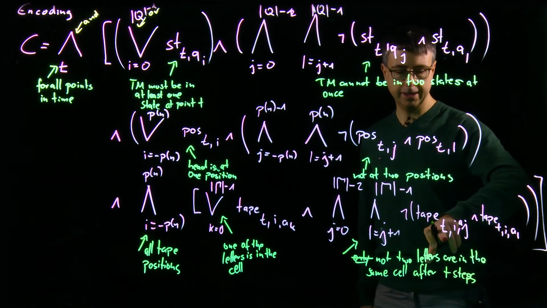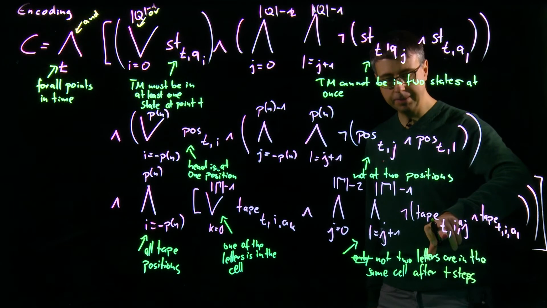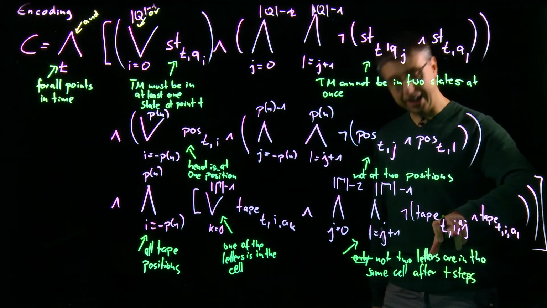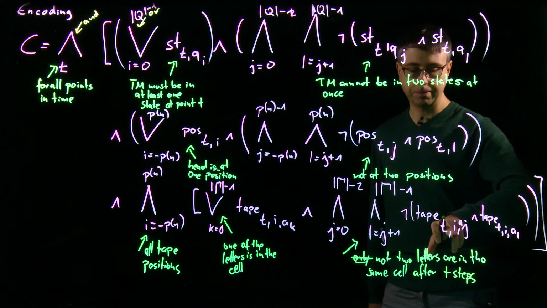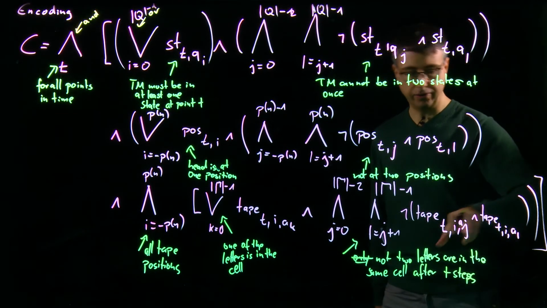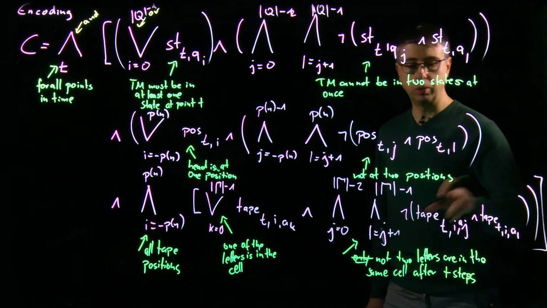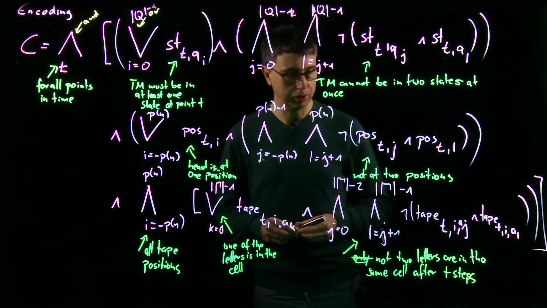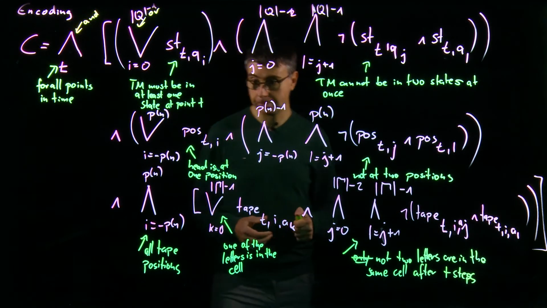So the index t is the point in time, the index i is the position on the tape, and a_j and a_l are the contents of the tape, and only one of these can be true. It's impossible to have two that are true at the same time.